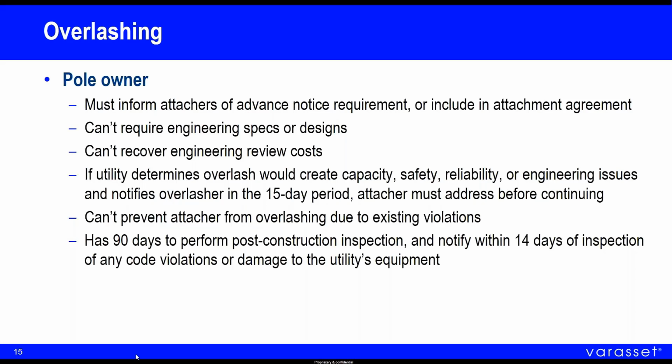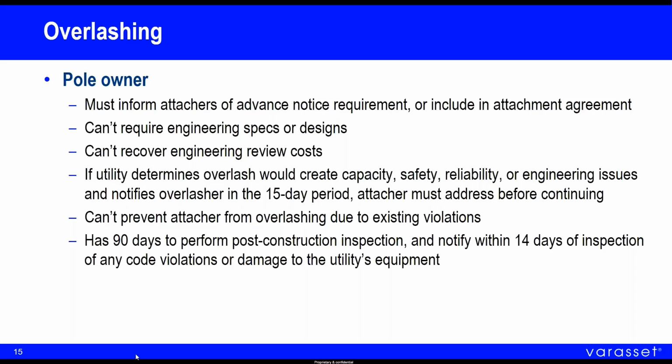But if they decide that the overlash would create a safety issue, reliability, or pole overloading situation, they push back within the 15-day window, and the attacher must address that before they can continue. Then also the pole owner can't prevent the attacher from overlashing due to existing violations. And again, that's one that's been discussed pretty hot and heavily.